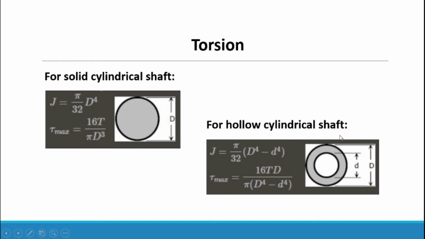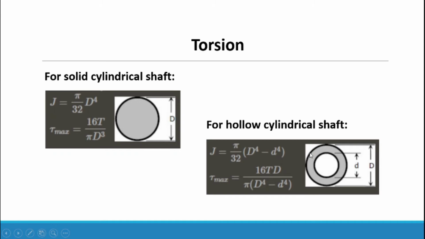For a hollow cylindrical shaft, J, or the polar moment of inertia, is equal to pi over 32 times the outer diameter exponent 4 less the inner diameter exponent 4, and the maximum shearing stress is equal to 16T D, the big diameter or outer diameter, divided by pi times the difference of the outer diameter D exponent 4 minus the smaller d, or the inner diameter, exponent 4.